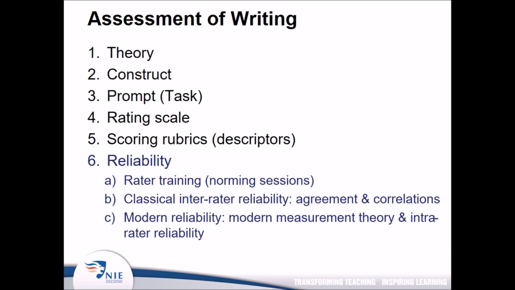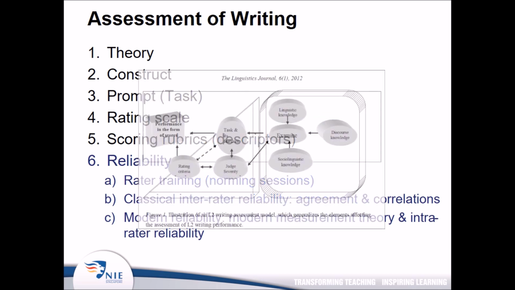But just remember that modern theories of reliability use modern measurement theories, and in some cases authors combine modern measurement theory and inter- or intra-rater reliability analyses. It's just to make sure that test scores or assessment scores are not affected by sources such as rater severity or leniency, and so on and so forth.